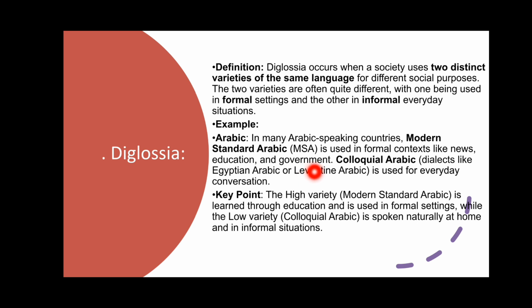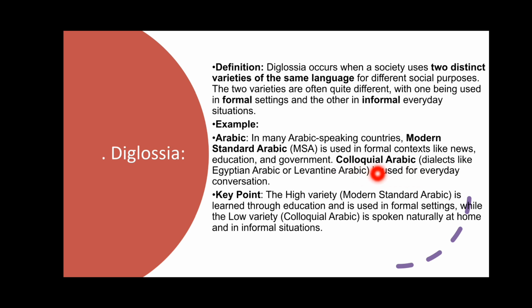And then we have colloquial Arabic. Colloquial Arabic might not be understandable because it varies from country to country and region to region. Colloquial Arabic, dialects like Egyptian Arabic or Levantine Arabic, is used for everyday conversation. So it varies region to region.